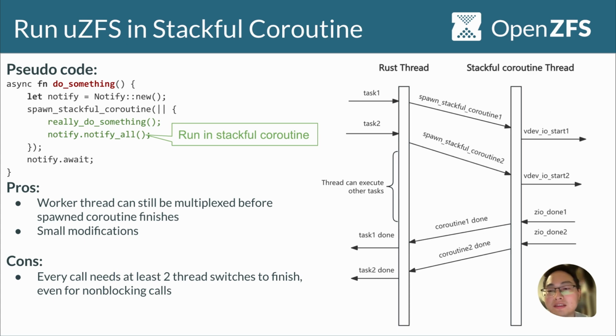But the disadvantage is that every call needs at least 2 thread switches to finish, even for non-blocking calls. In our example, task 1 will first be executed on the Rust thread, and then part of it must be run on the coroutine thread. After the coroutine is finished, we need to execute the remaining code on the Rust thread.